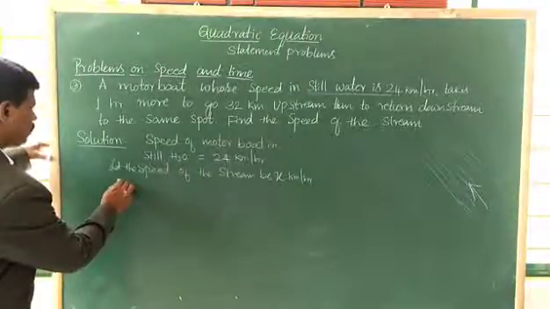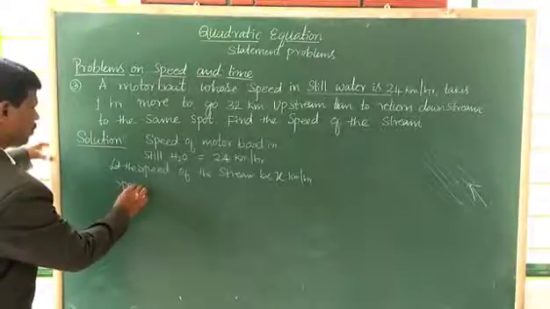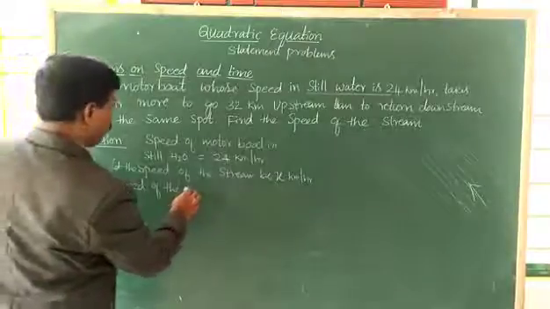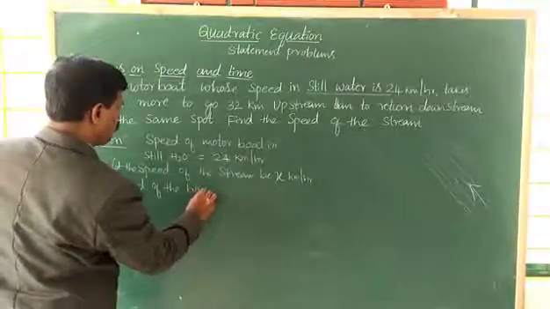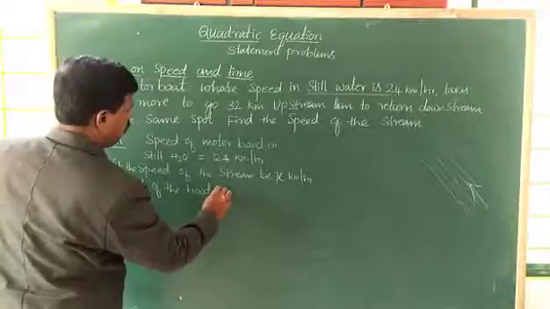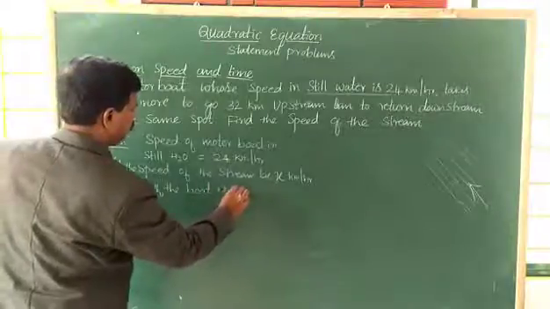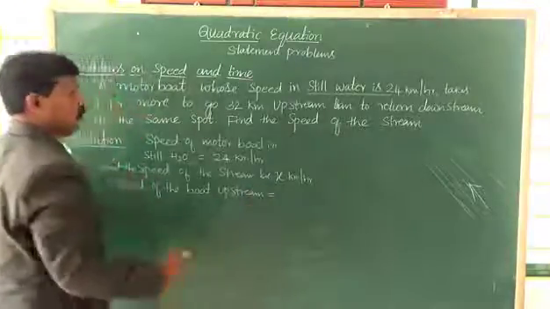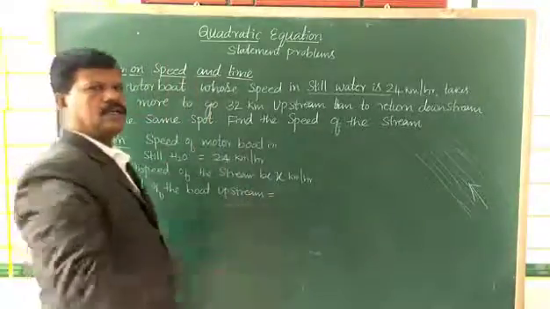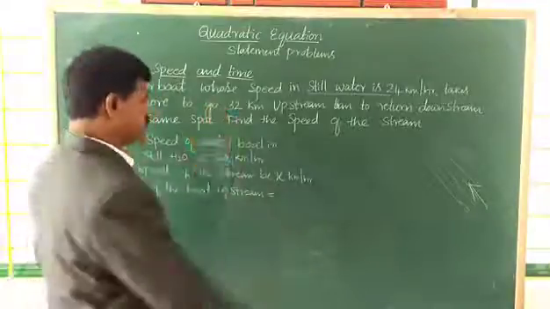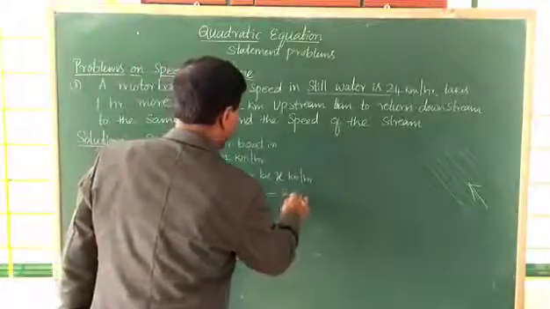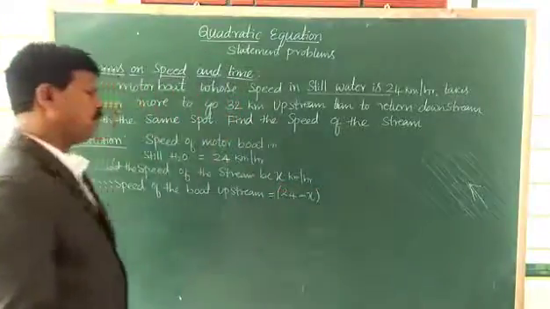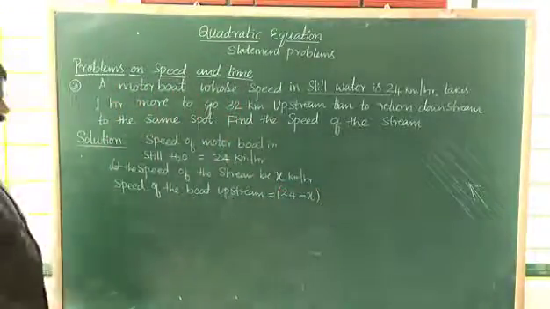Then speed of the boat upstream: when you are going against the current, your speed decreases, so it becomes 24 minus x kilometer per hour.